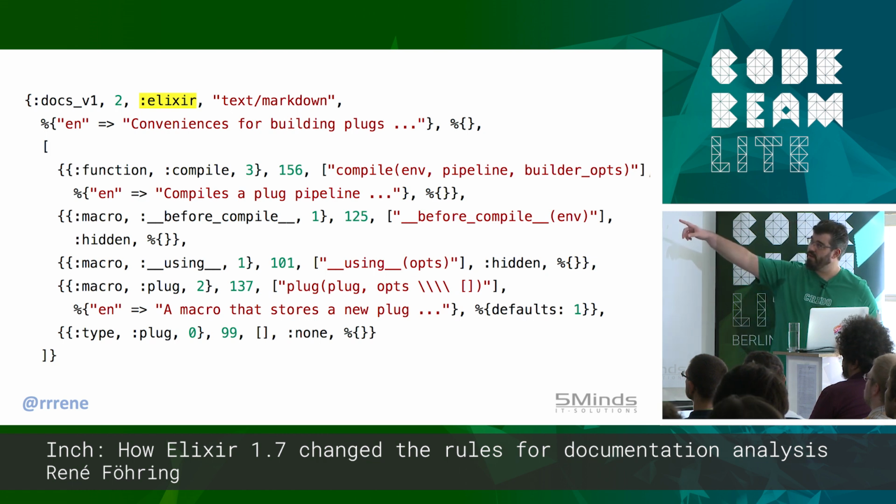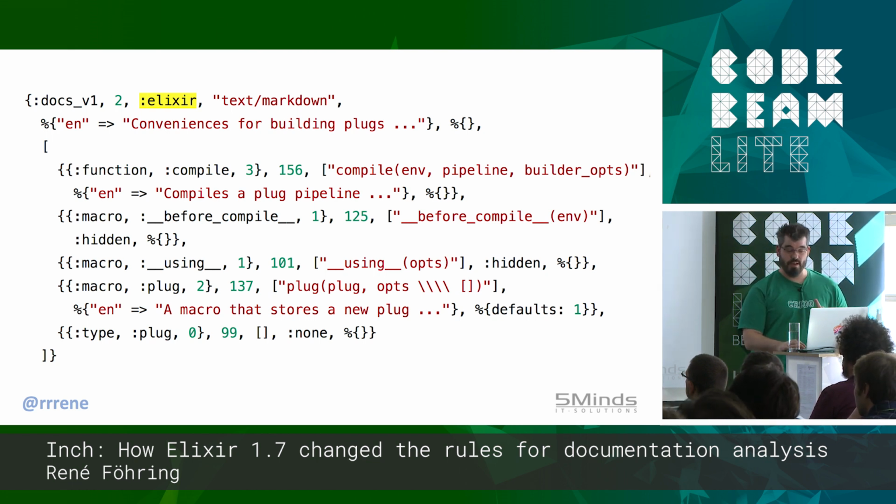I skipped over the number, the 2. That's just the line number where the declaration starts. So the first interesting thing is the language, which is obviously Elixir in our case. Next, there's a binary describing the content type of the following documentation strings. In our case, this is text/markdown, and this can tell the tools processing the given documentation how to handle them.